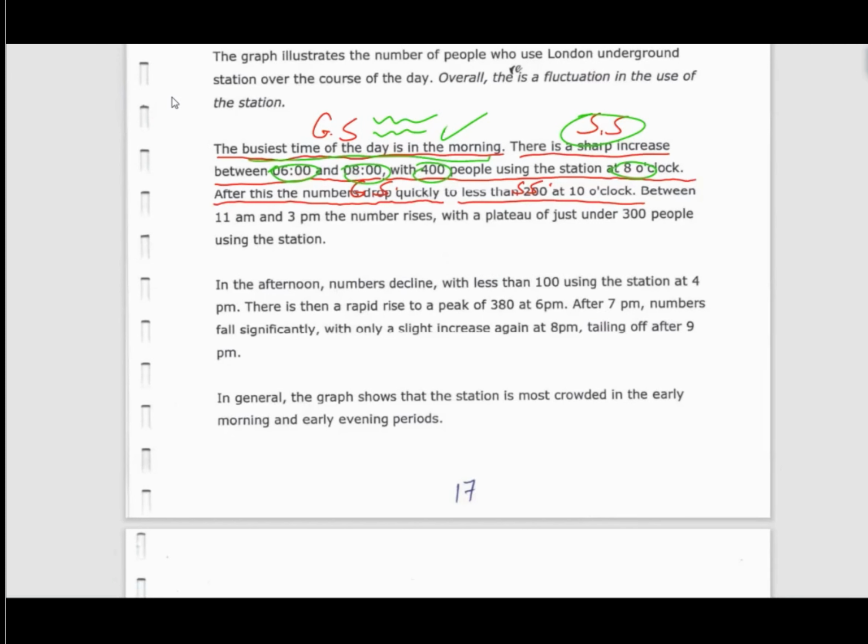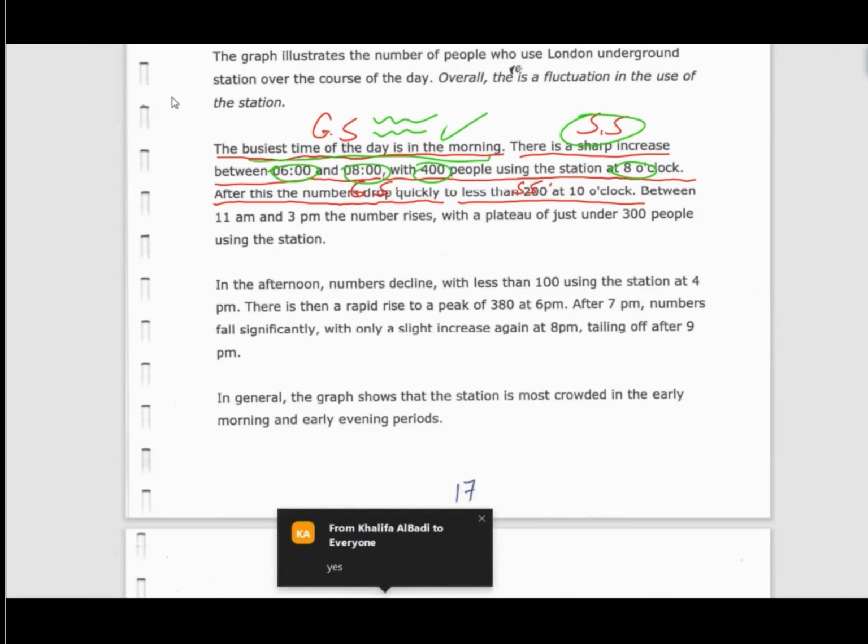This is part of the organization, part of your organization. Is it clear? Okay.